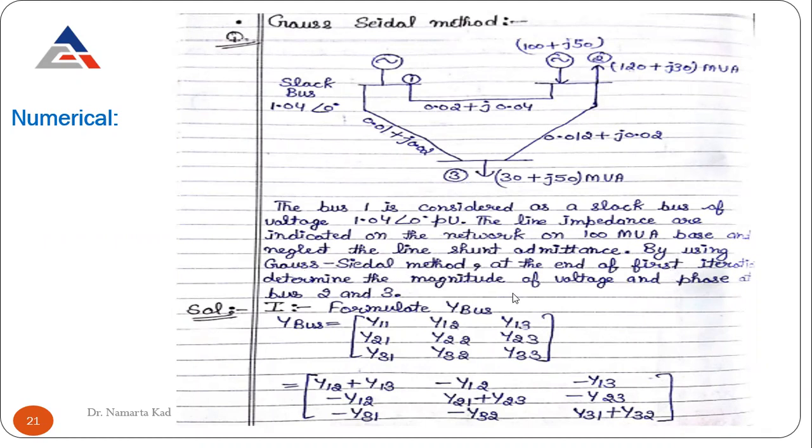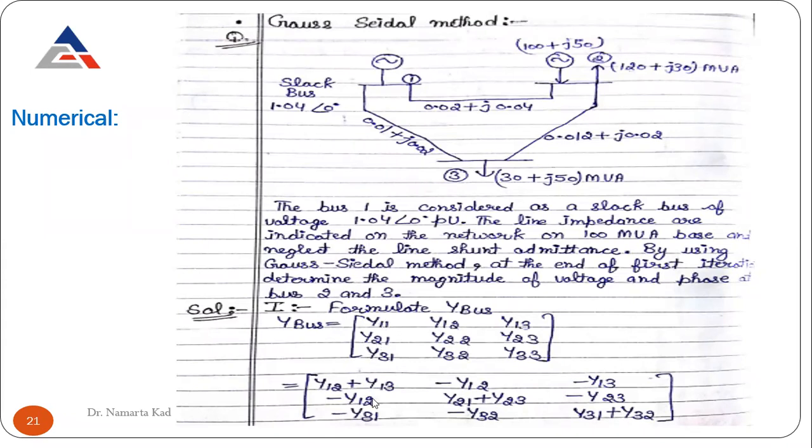Starting with, as we have done the algorithm part, what is the first step? The first step is to formulate the Y bus for any power system given. As it is a 3 bus system, the Y bus is a 3 by 3 matrix.